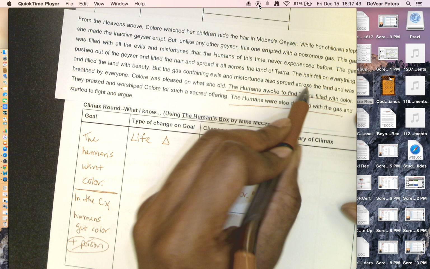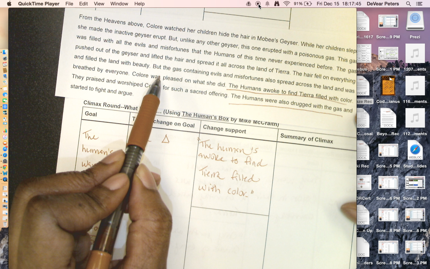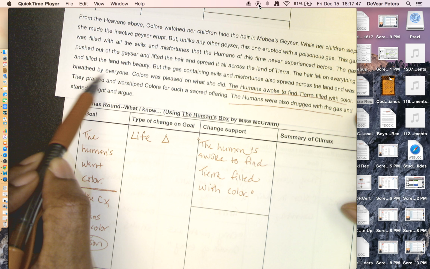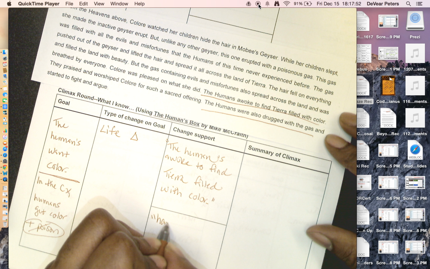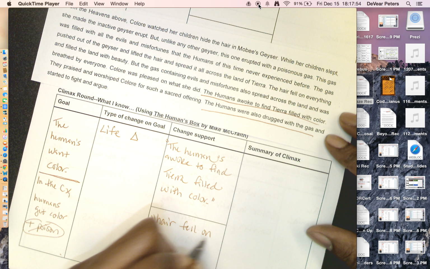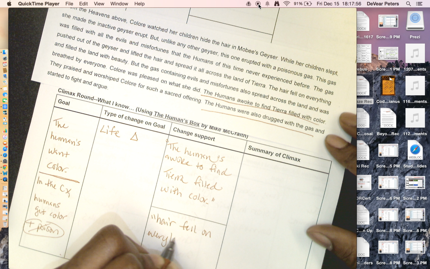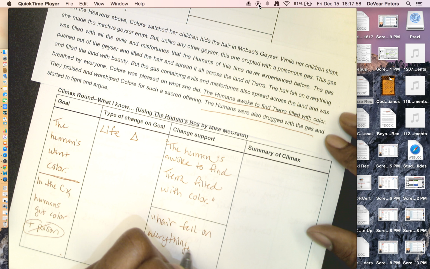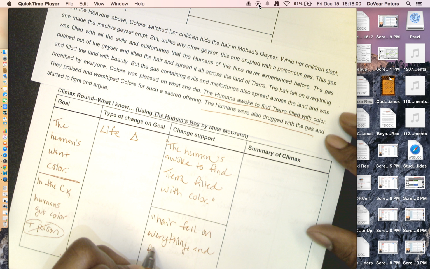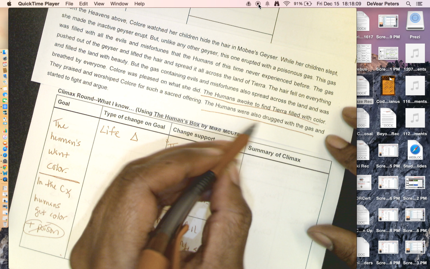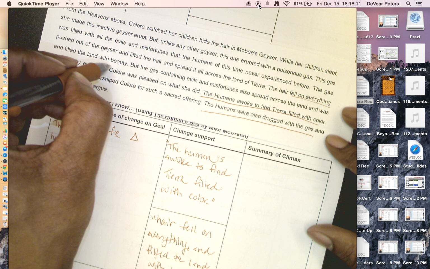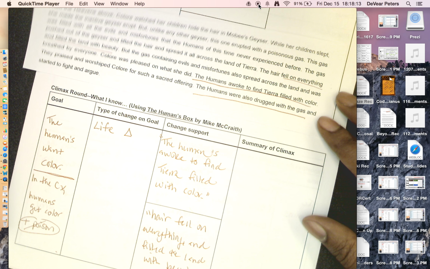I could also just go right into the fact that hair fell on everything and filled the land with beauty. Just put that there. So those are my two moments.